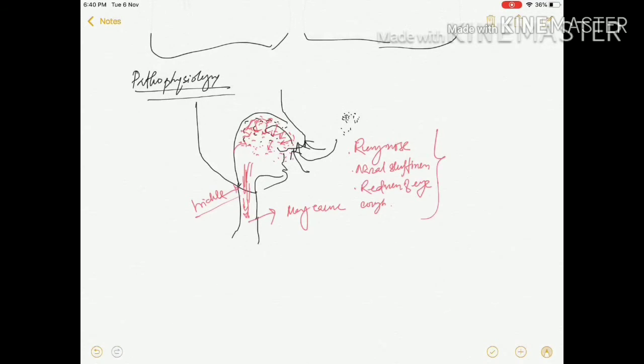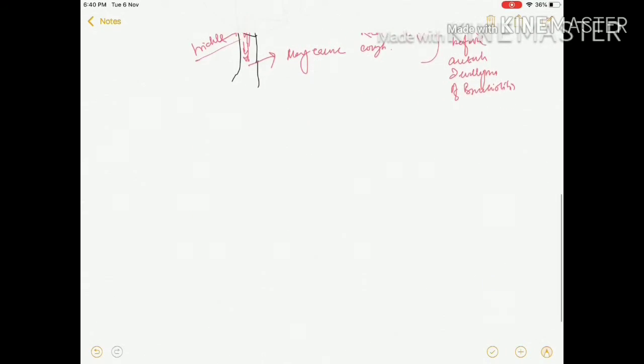So these are the primary symptoms before the actual development of bronchiolitis. Now what happens next?